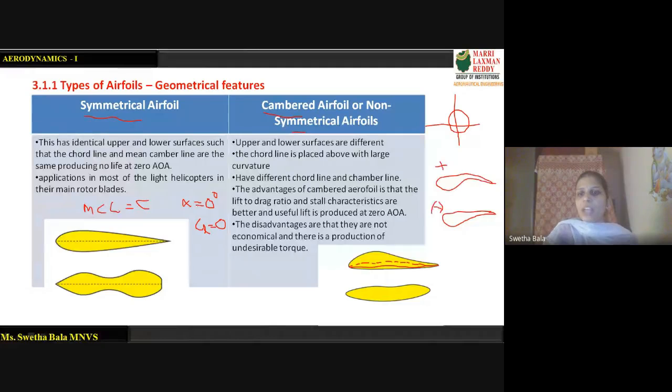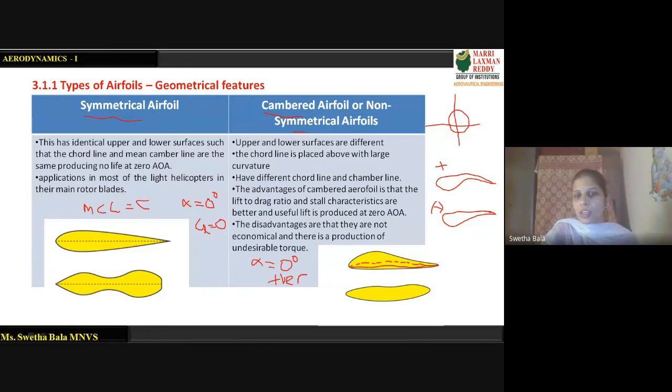So what is the advantage of having this? Now we will have this negative camber also. Ma'am, why negative camber? We will come to that. The advantage of this one is even when alpha is equal to 0 degrees, I am producing a positive lift.